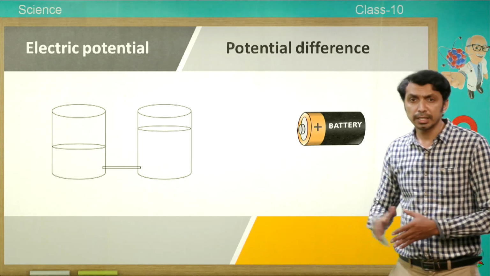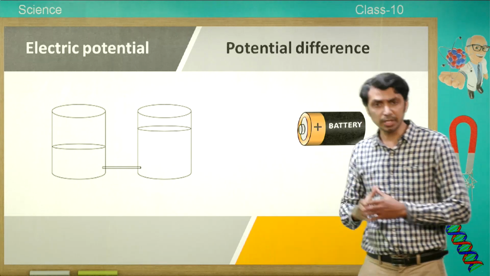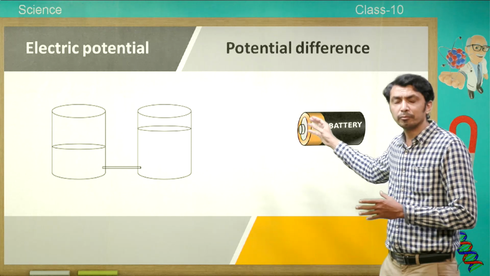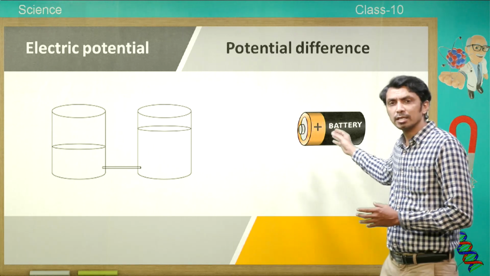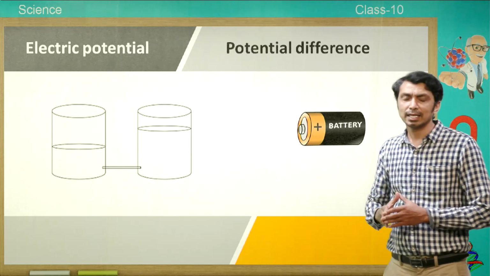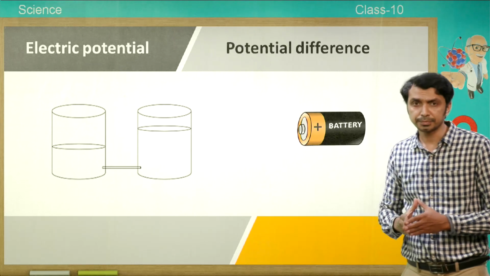So children, here the work is being done by this difference in pressure. In the same way, the work that is being done for the movement of charges is by this cell because of the difference in pressure of charges at its two ends.